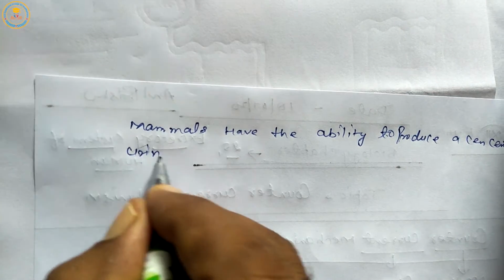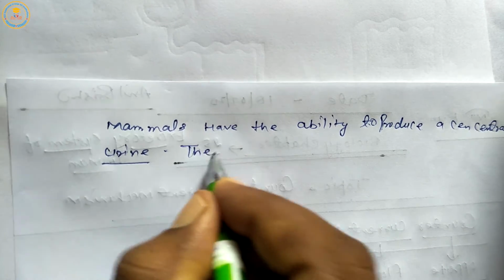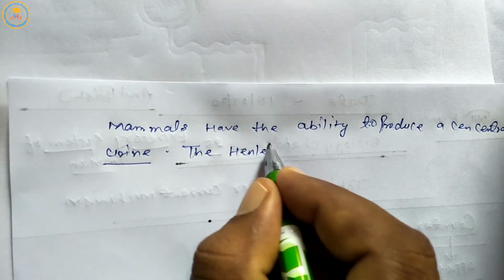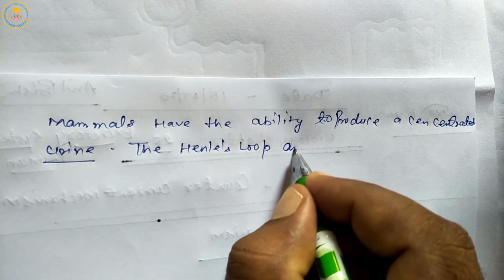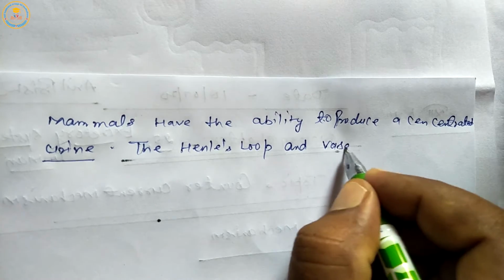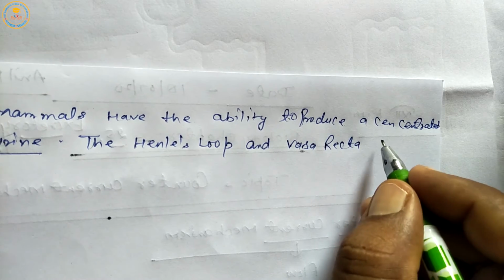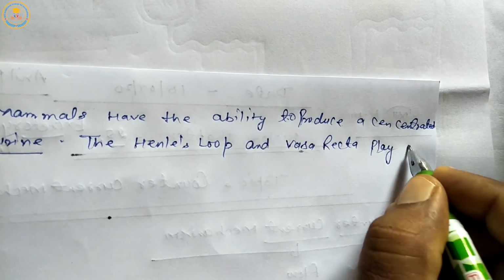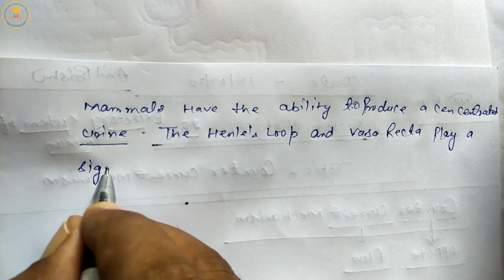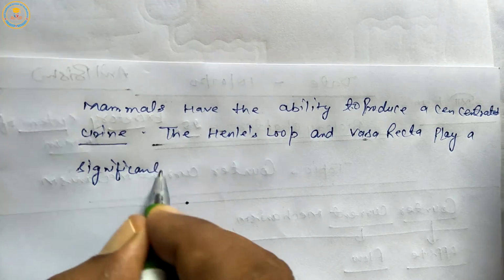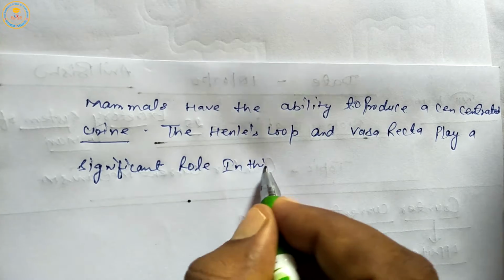Concentrate means condense. The Henle's loop and vasa recta play a significant role in this.